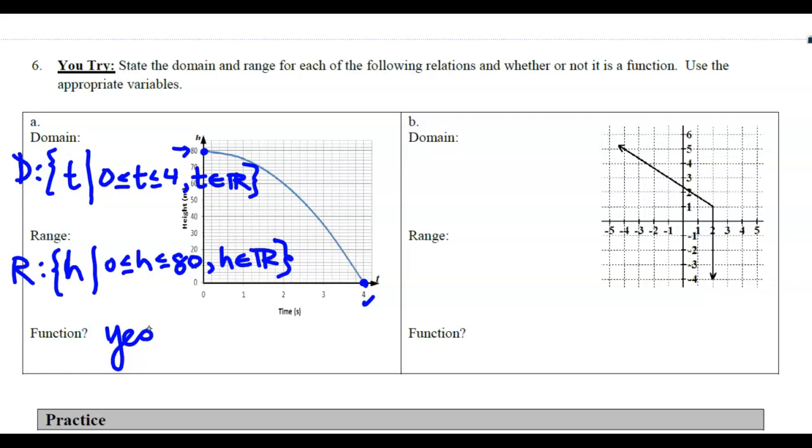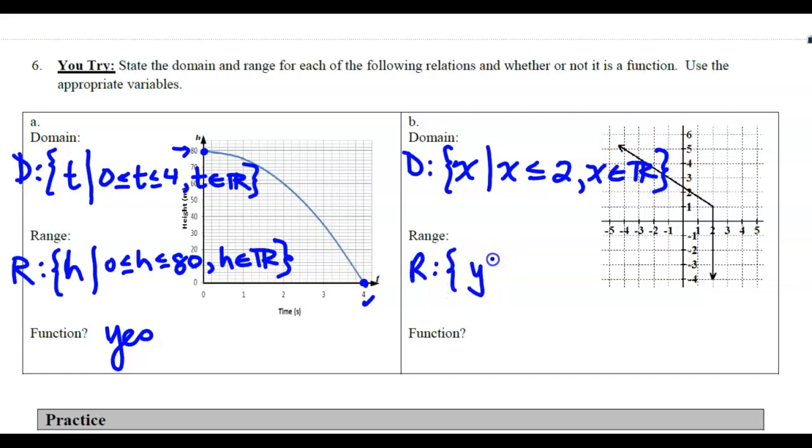Remember, if I say up and down, and there are no breaks in between, that's all real numbers, because this is going to go down to infinity. So when you go across, it'll have infinite y values. So your domain is x less than or equal to 2, and y is all real numbers.